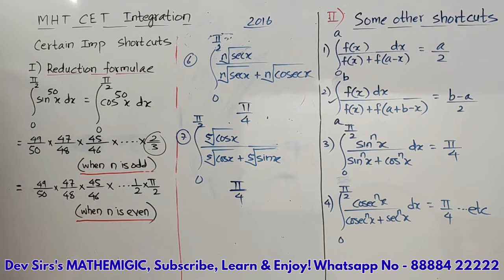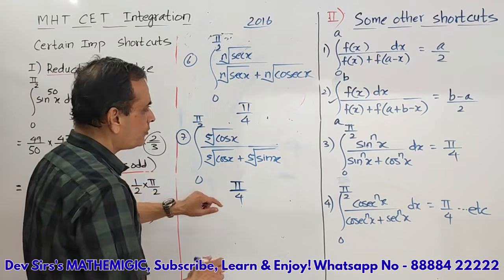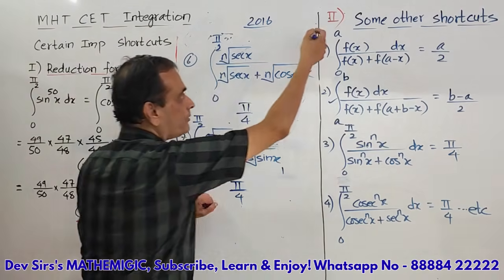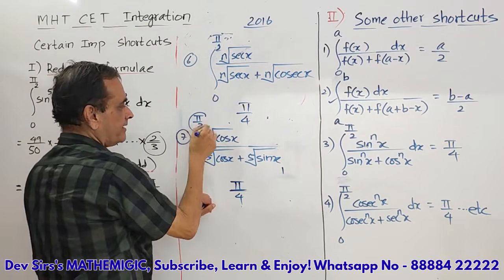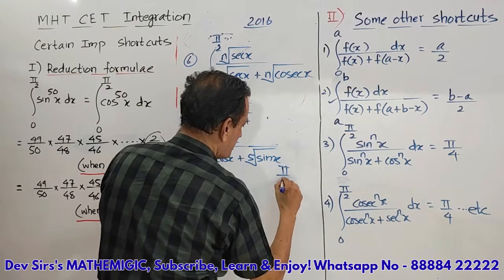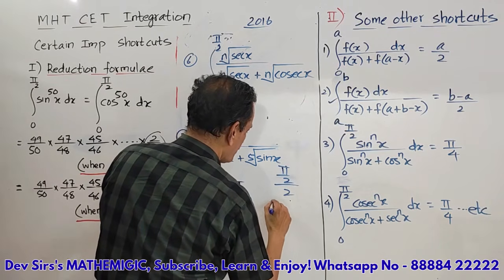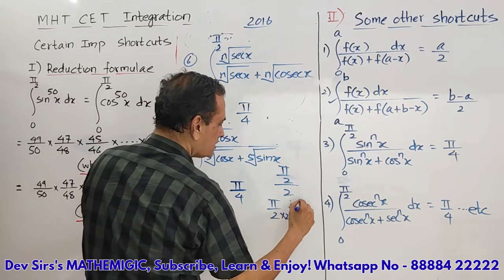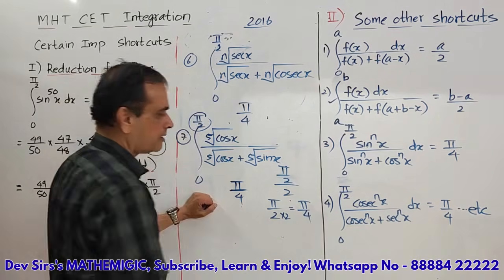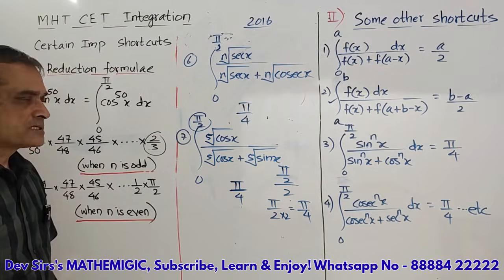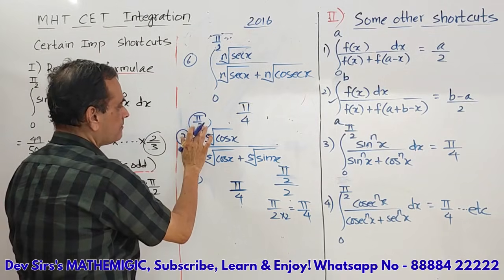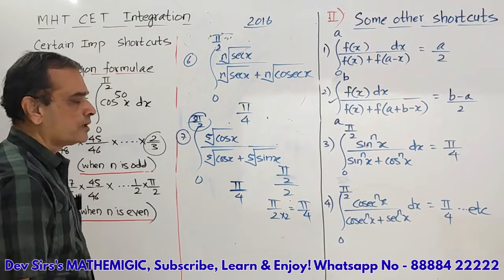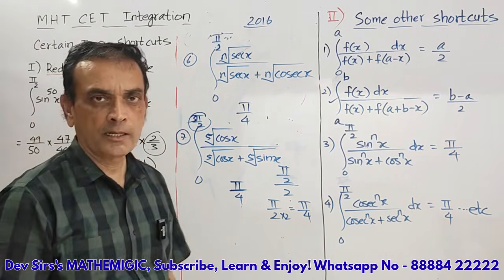So the thing is, how do you get pi by 4? a by 2. Same property I am using. a by 2 means this is a, pi by 2 upon 2. Don't cancel the 2. That is pi by 2 into 2. That is pi by 4. Right? Supposing by chance if you get something else, 3 pi by 2, you are allowed to use that property.